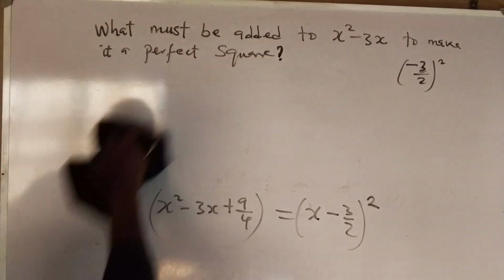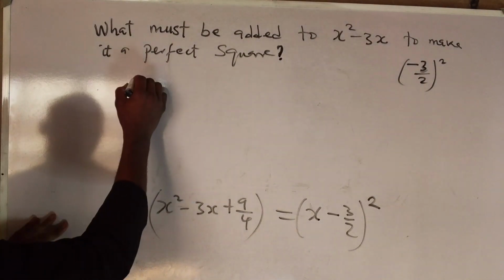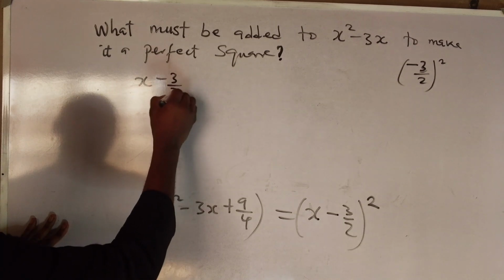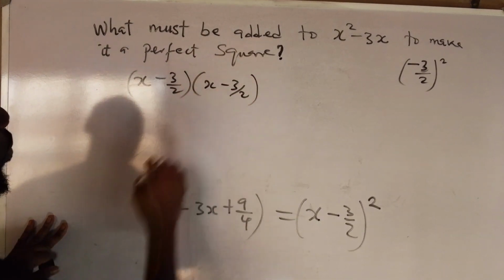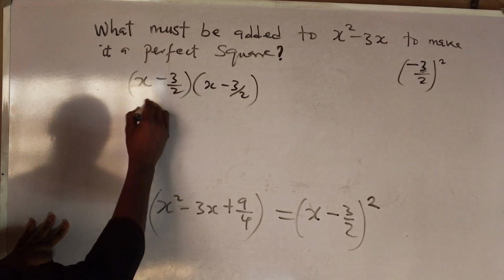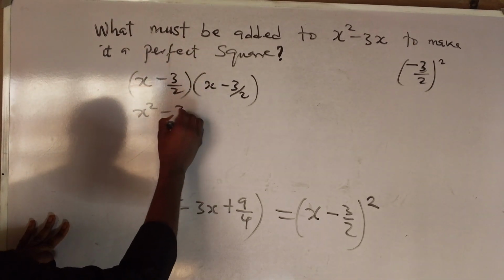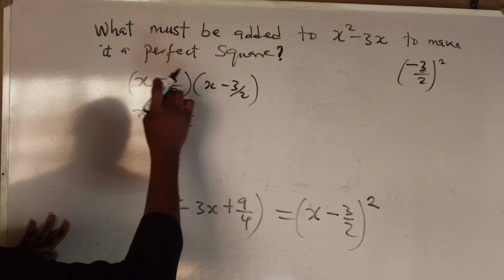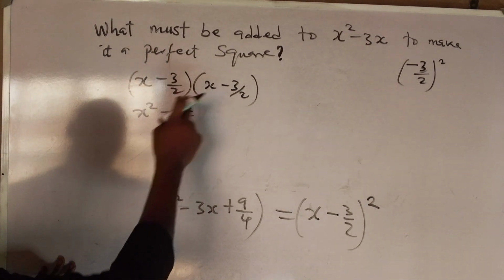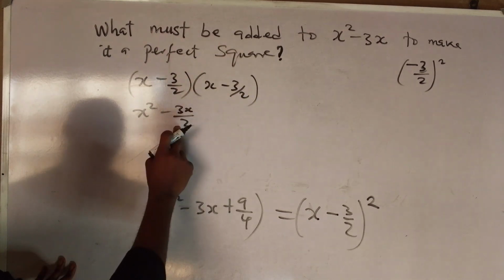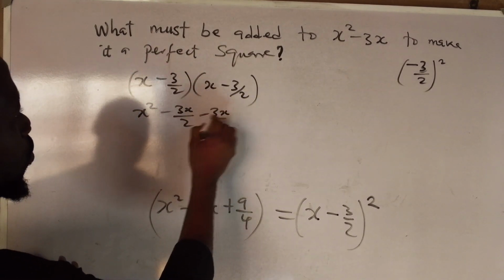To check, to confirm that this is actually a perfect square, you just open this bracket by saying x minus 3 over 2, x minus 3 over 2. x times x, x squared. x times minus 3 over 2, minus 3x over 2. Minus 3x over 2 times x, minus 3x over 2.